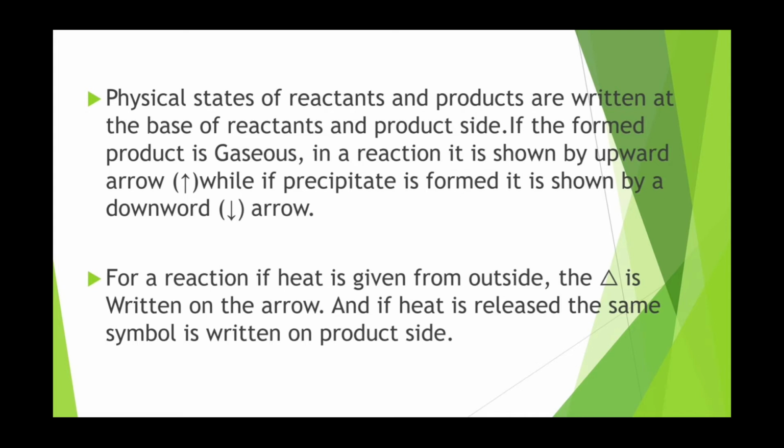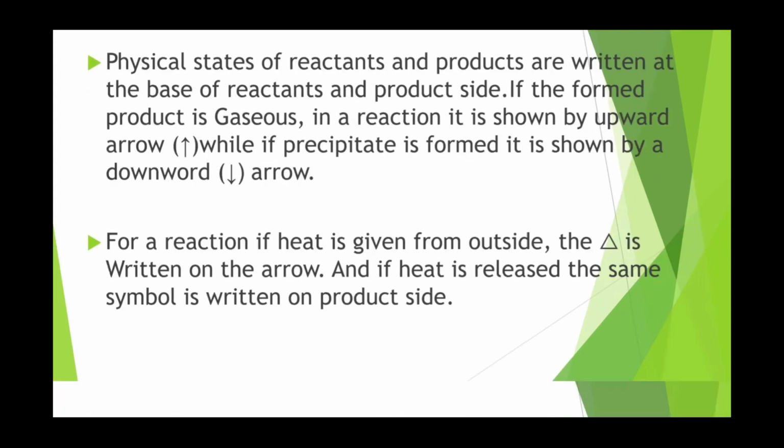The symbol is used on the arrow to show heat absorption by the chemical reaction. And if heat is released, if heat is given out, then heat is shown on the product side, linked with plus. You can write plus heat or plus triangle, the same way.